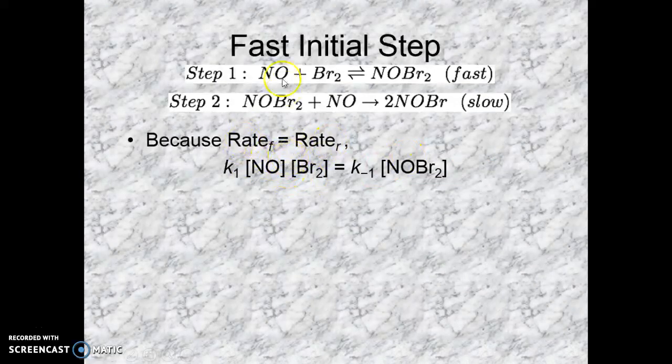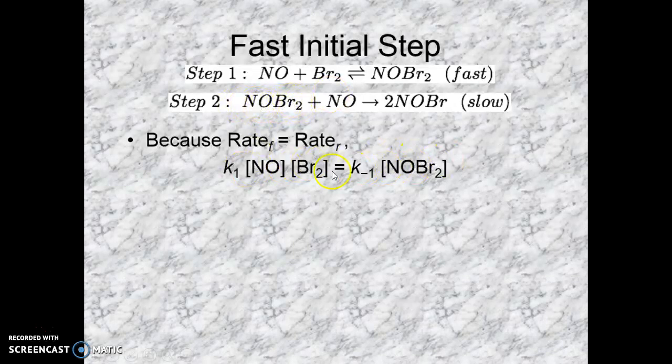So the rate of the forward reaction, my reactants, is going to be k1 times the concentration of NO times the concentration of Br2. The reverse one is going to be k-1, because we're doing the reverse, times the concentration of NOBr2. Okay, now remember, in our rate determining step, in the slow step, we needed this concentration.